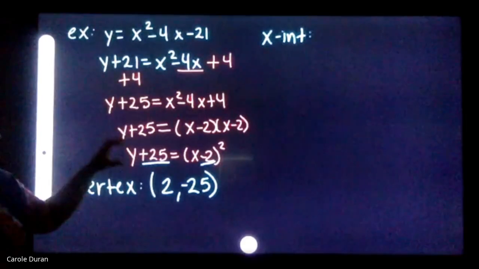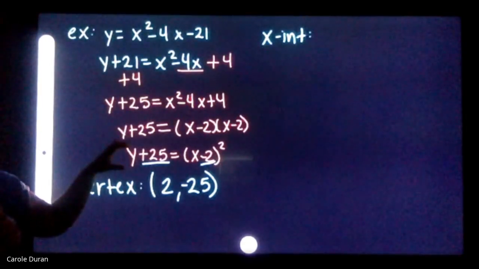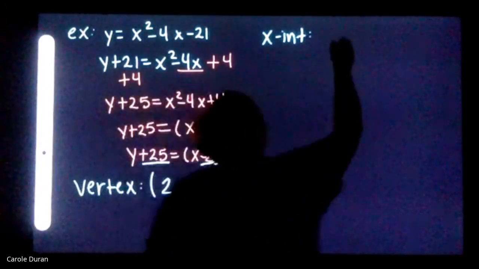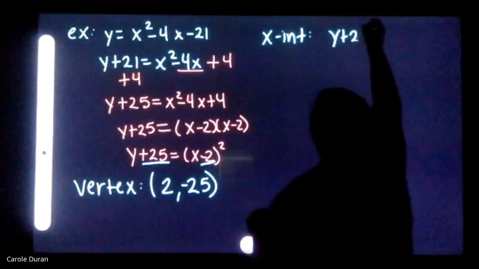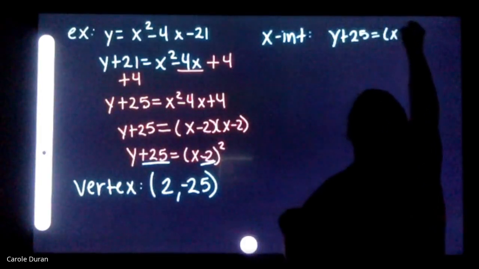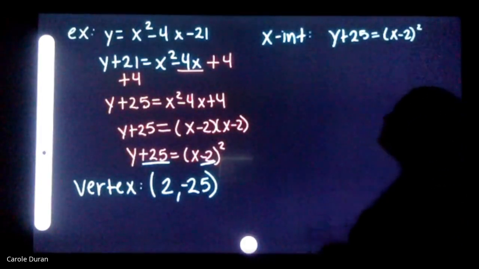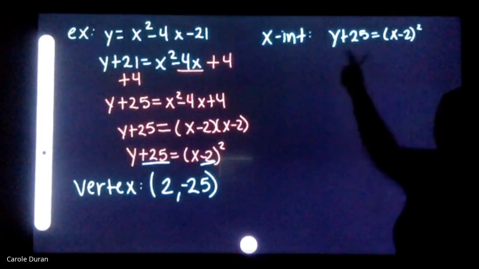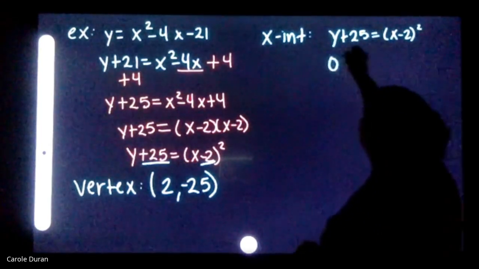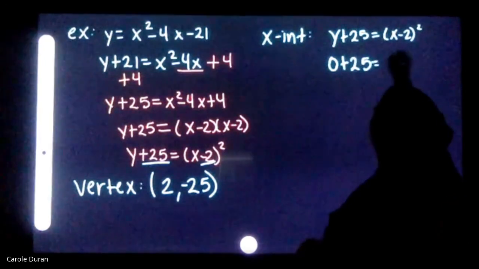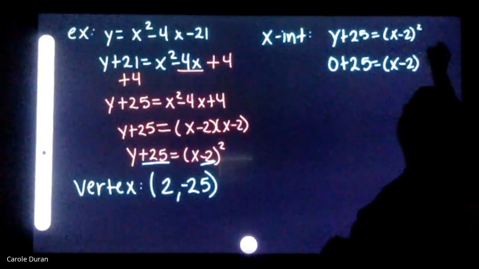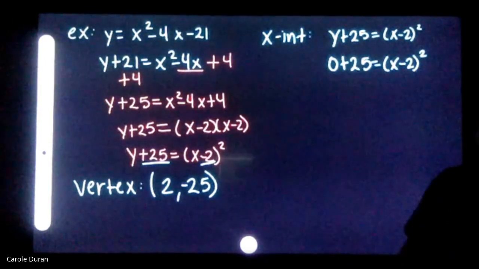Since I have this vertex form, and since I'm trying to find the x-intercepts, I could replace the y with a 0 and then solve for x.